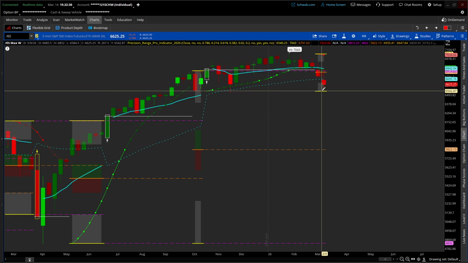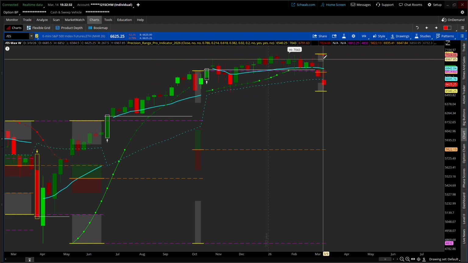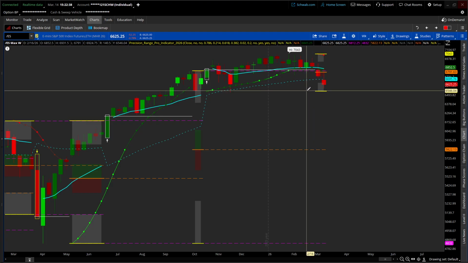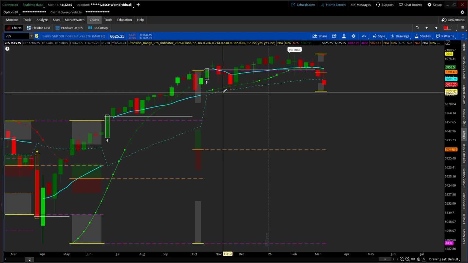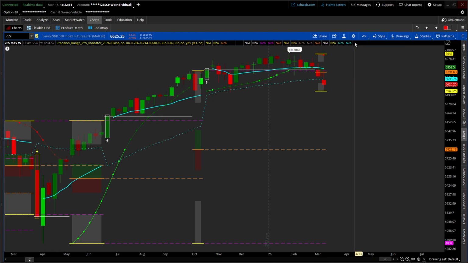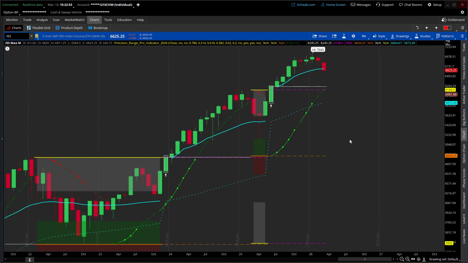So on the weekly, it looks to come back down and test 6,540.25 from this previous low back here. I guess it'd be this low right here, or actually this low right here. So it looks to test these lows right here on a weekly.